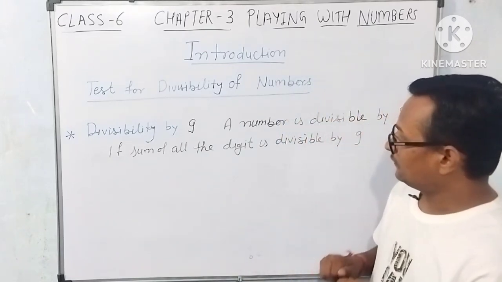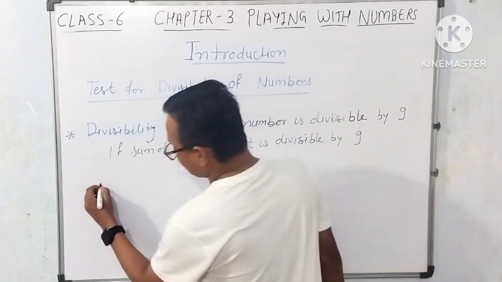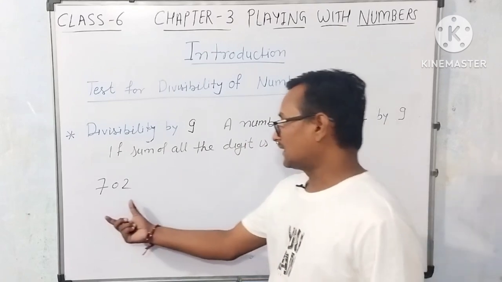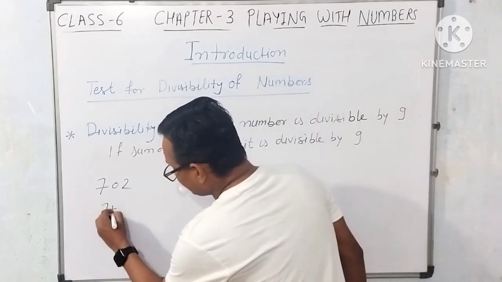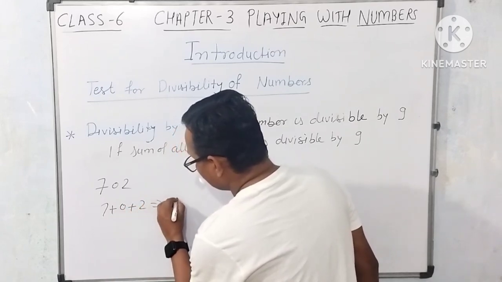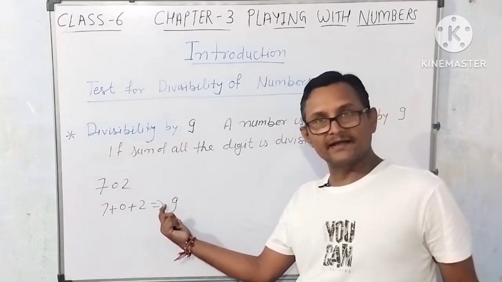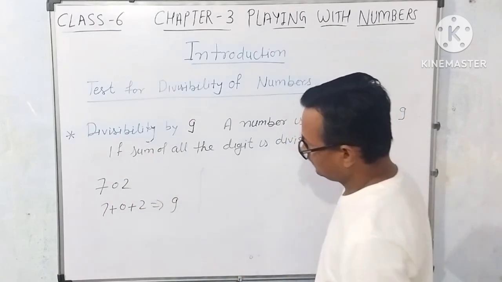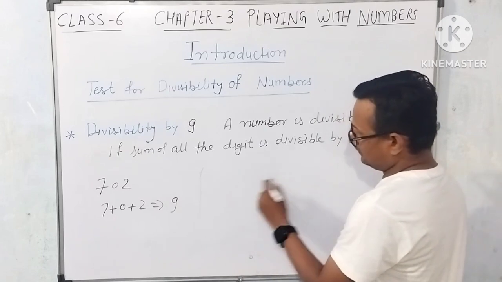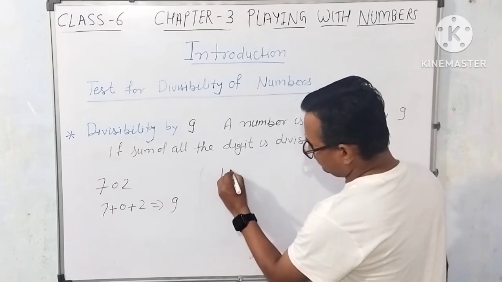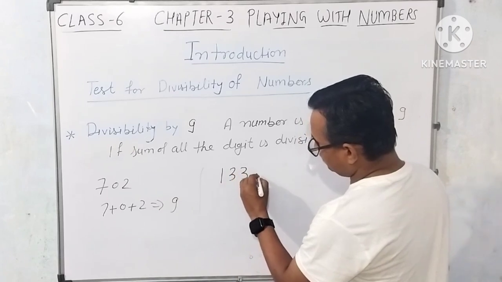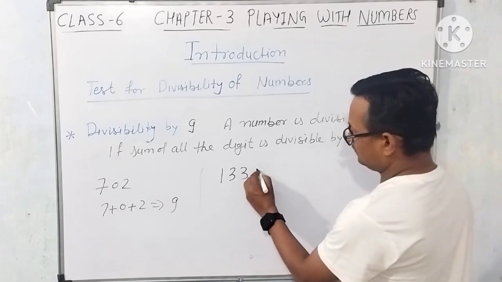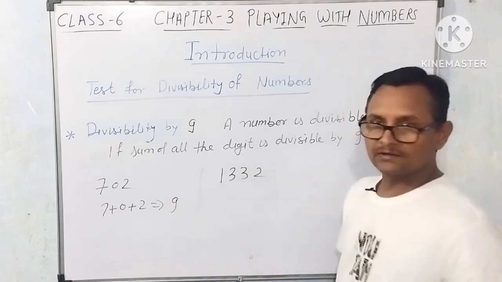For example, 702. The sum of all digits is 7 plus 0 plus 2 equal to 9. So 9 is divisible by 9, so this number is divisible by 9. Another example, 1332.